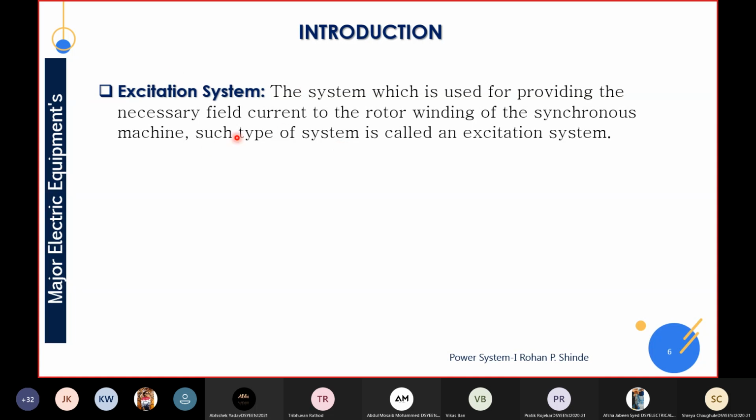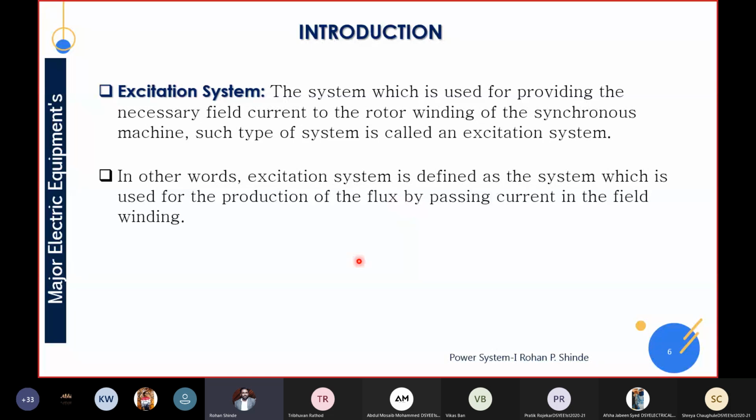So this type of system is called as an excitation system. In other words, excitation system is defined as the system which is used for the production of the flux by passing the current through the field winding.